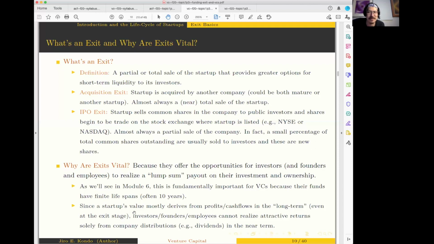But with a startup, they're not popping any money back to you anytime. So your one and only is the exit, right? That's almost always the case with startups. So one cannot underscore how important this exit stuff is. And understanding it and keeping track of it is super important for all stakeholders involved, but especially the investors.